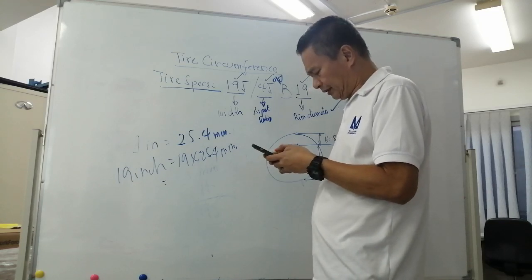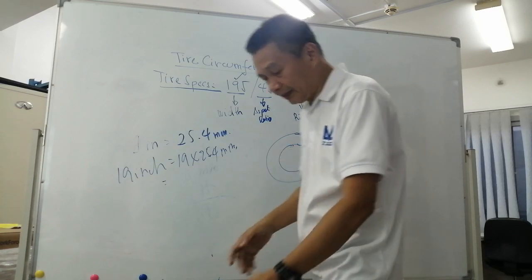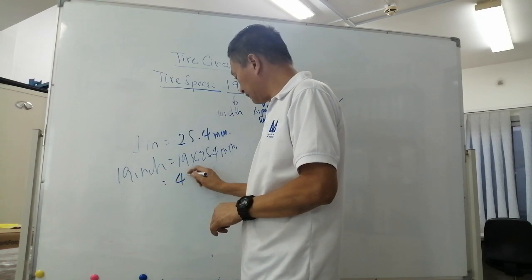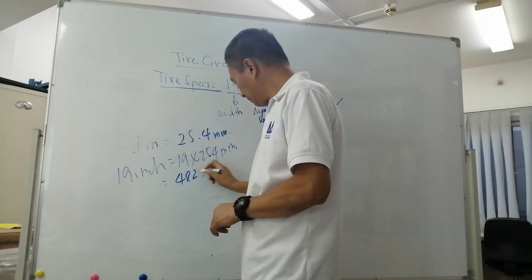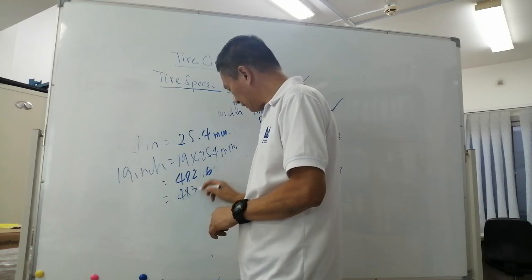So 19 multiplied by 25.4 is 482.6, or we can say 483 mm.